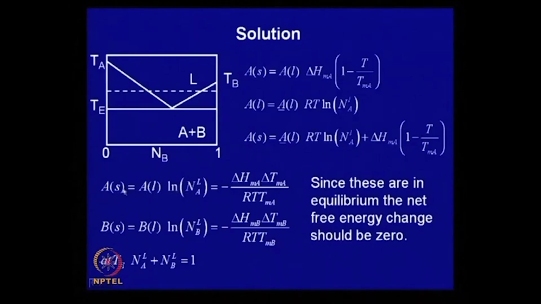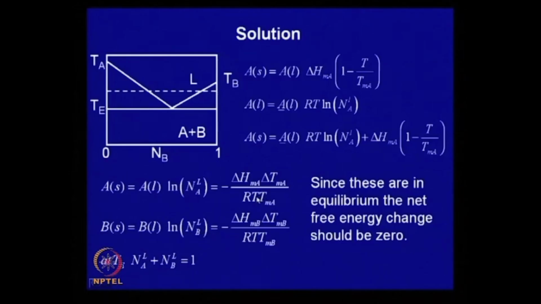With this, what you get is listed here. In this particular case, you can say that the log of atom fraction of A in liquid will be a function of the quantities shown over here. This is just algebraic simplification. You can apply the same concept to this region of the diagram, and then you get a similar expression for this.